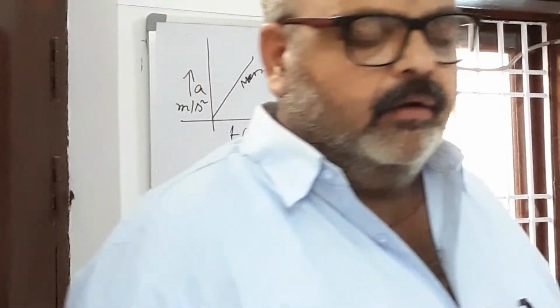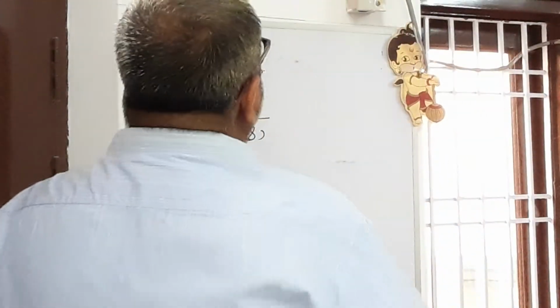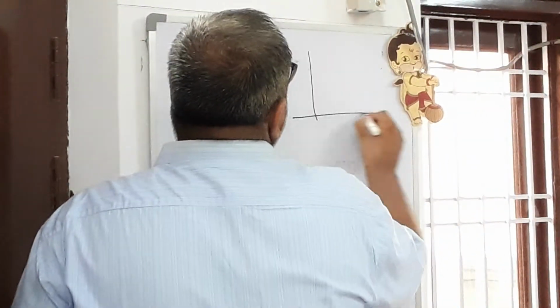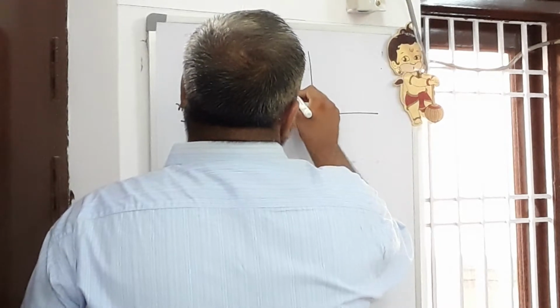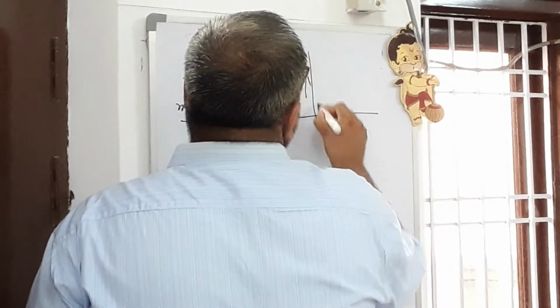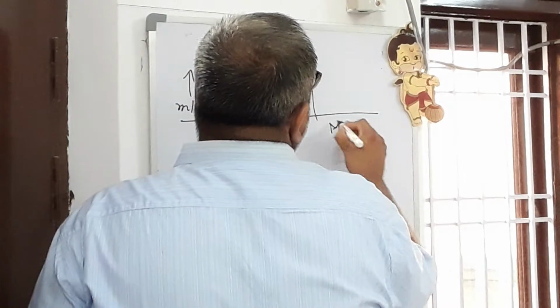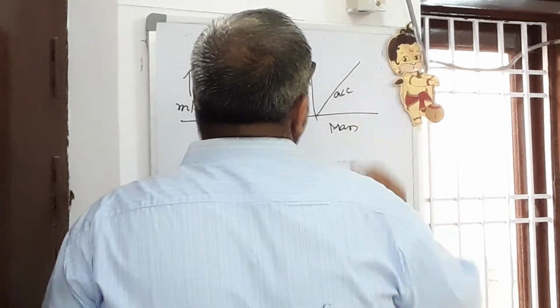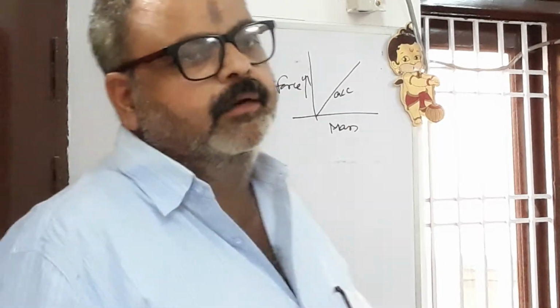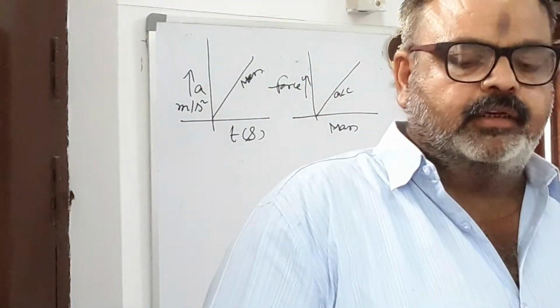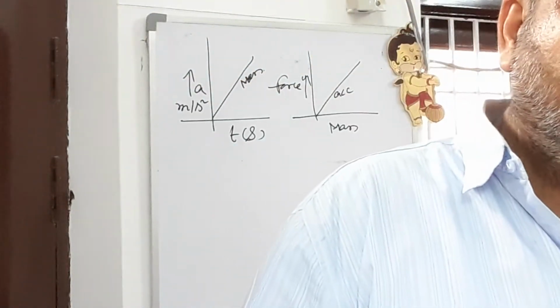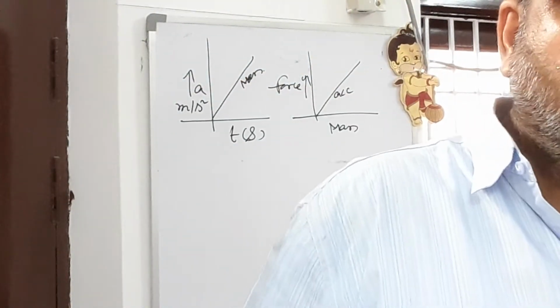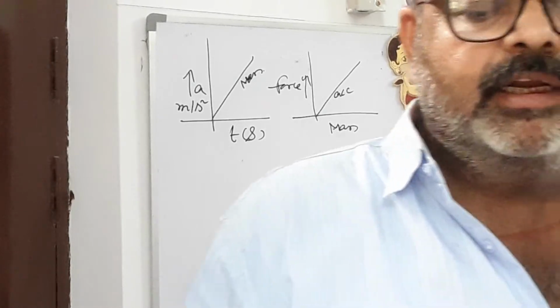So directly proportional to the mass and force. Second case, plot a graph between force and mass; we will also have a straight line. So F is directly proportional to mass and F is directly proportional to acceleration. This we have to remember. So the constant of proportionality K can be used and it is equal to 1.